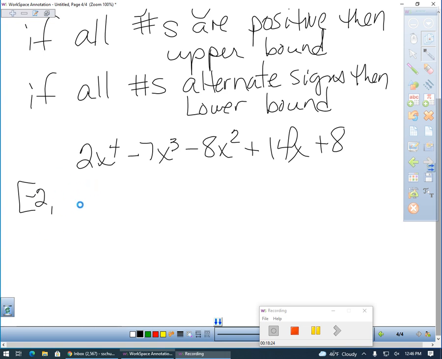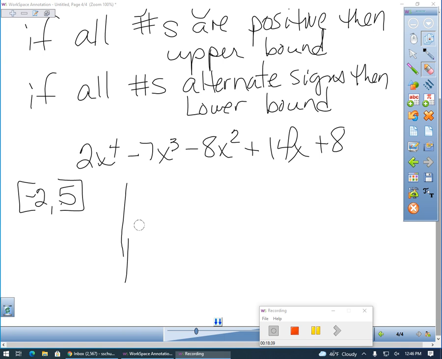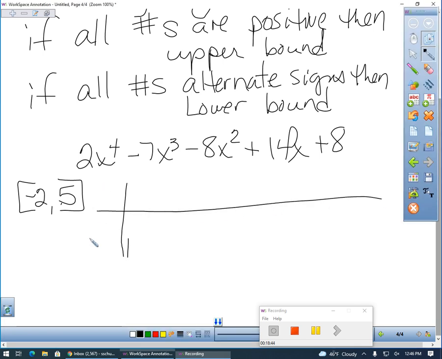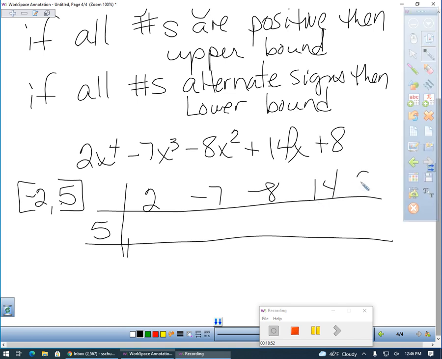Maybe. Come on, catch up. All right? So I just need to know if all my zeros are going to fall between those. So I'm going to do synthetic division. And I'm going to start with 5. I'm going to put my 5 on the outside. At the top, I'm going to put 2, -7, -8, 14, and 8.